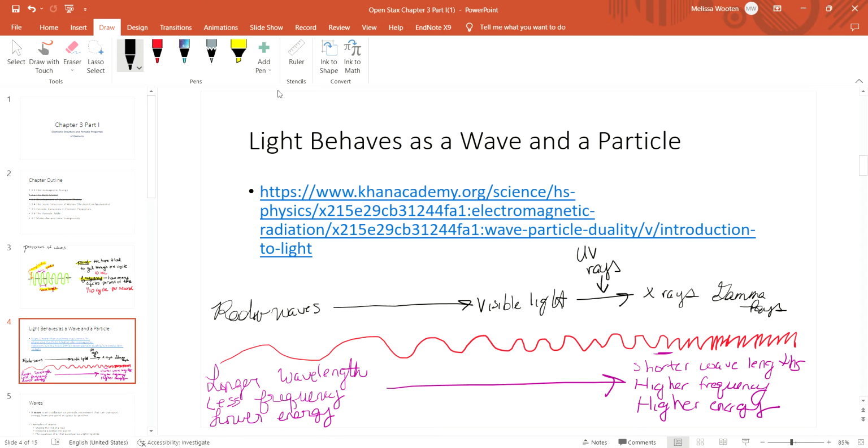And then you have microwaves. Microwaves emit enough energy to heat up your food. And then you have visible light, the light you can see. That is the frequency that is detectable to our eyes as color. UV rays we can't see because the frequency is too high for our eyes to detect as color, but we can definitely feel it if we have a sunburn and things like that.